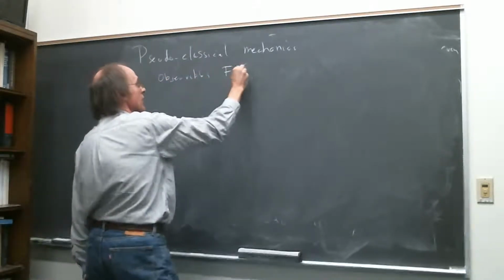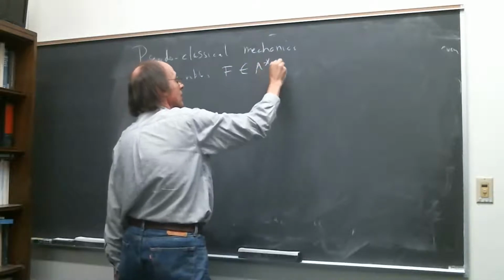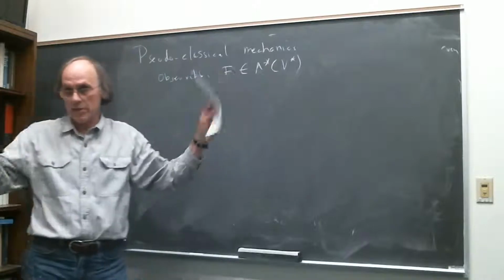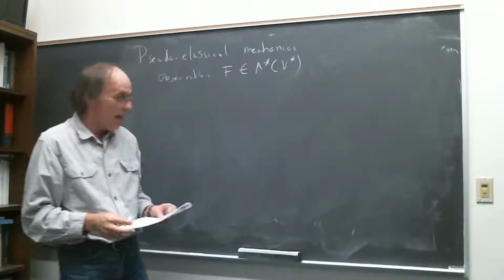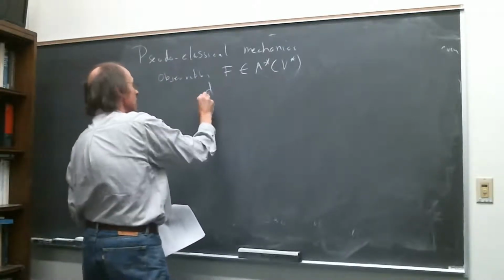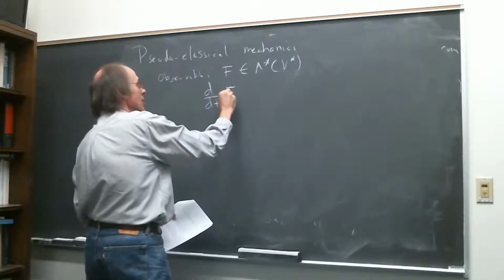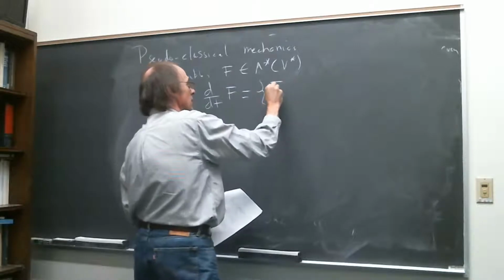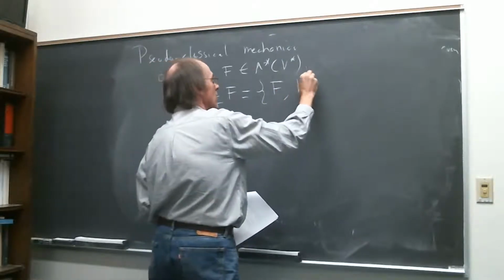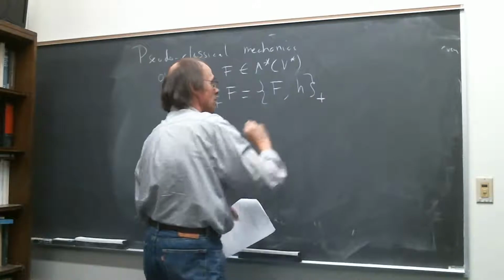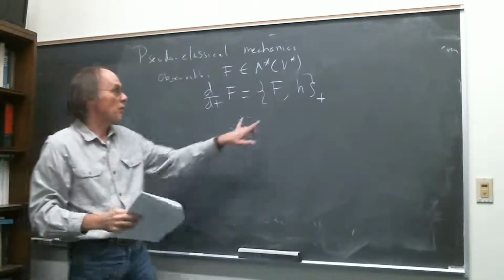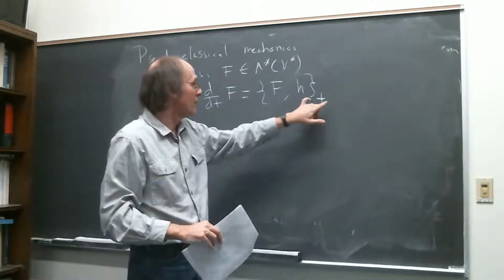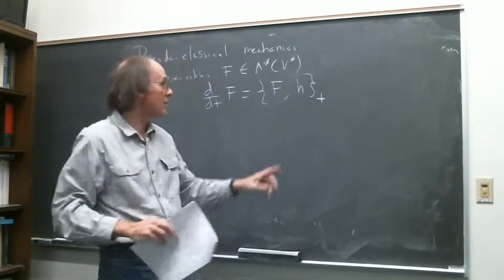Let's say f is going to be one of these fermionic polynomials, and those are going to be observables, and the way they're going to change in time, f is going to be given by taking the bracket of f with h. So it's the same rule, except we're going to use this fermionic Poisson bracket instead of this one.